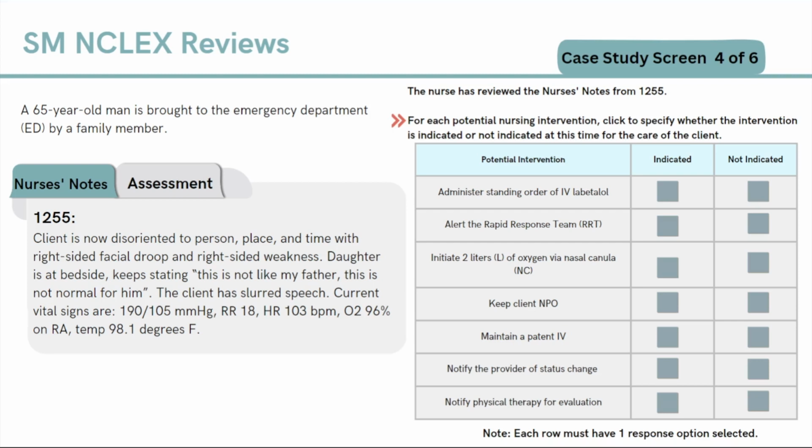So our potential interventions are: administer standing order of IV labetalol, alert the rapid response team, initiate 2 liters of oxygen via nasal cannula, keep the client NPO, maintain a patent IV, notify the provider of status change, or notify physical therapy for evaluation. Go ahead and pause if you need to, and we'll review together.